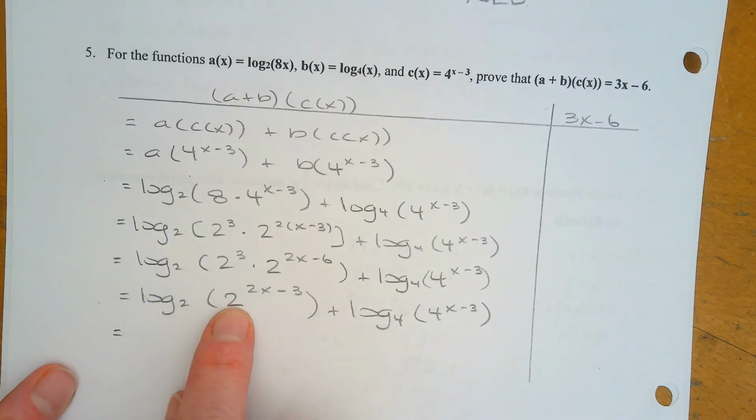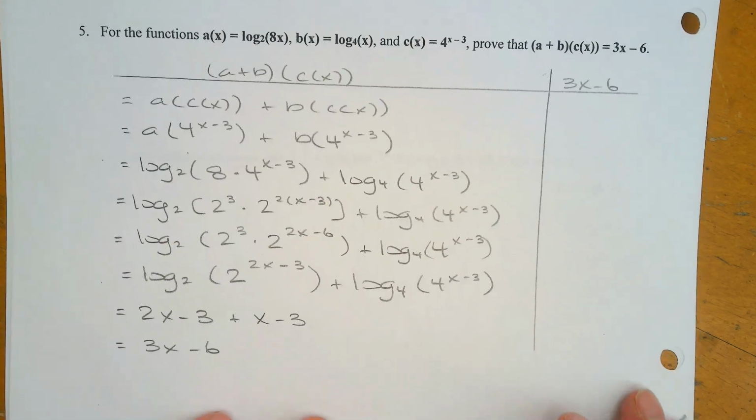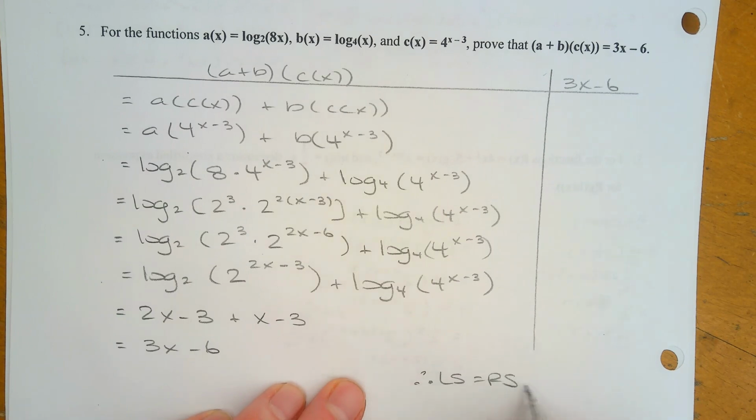This is a base 2 and this is a base 2, so the answer is the exponent. This is a base 4, this is a base 4, so the answer is also the exponent. So I can add, and I get 3x minus 6. We can say, therefore, left side equals right side, and we have QED.